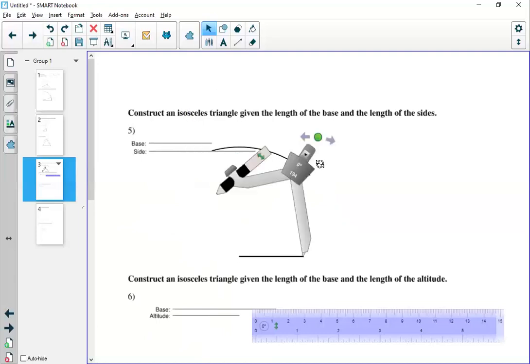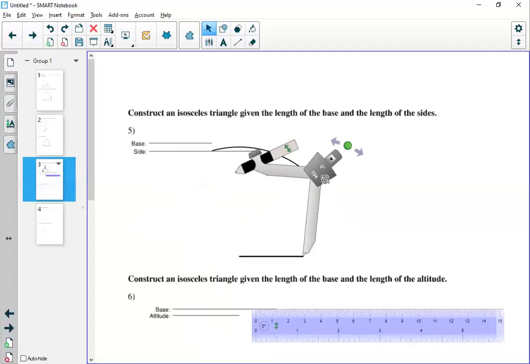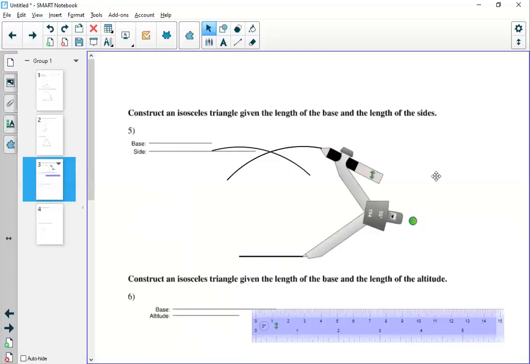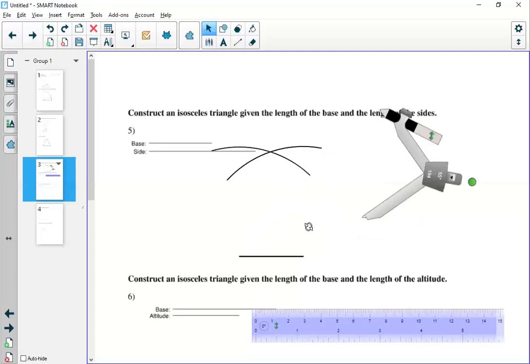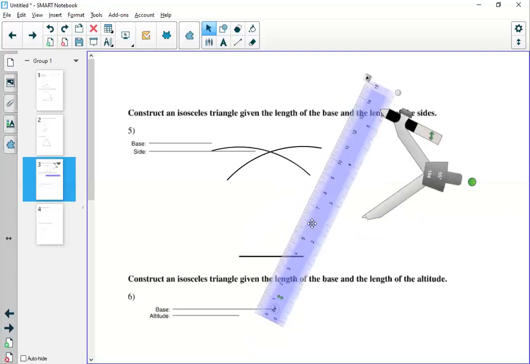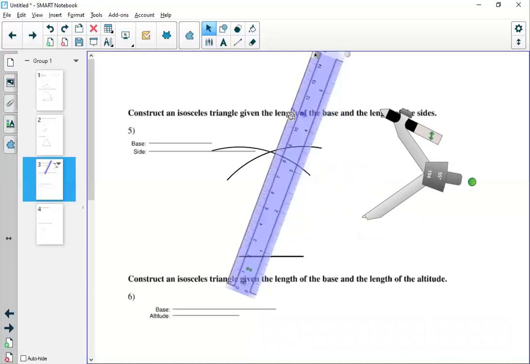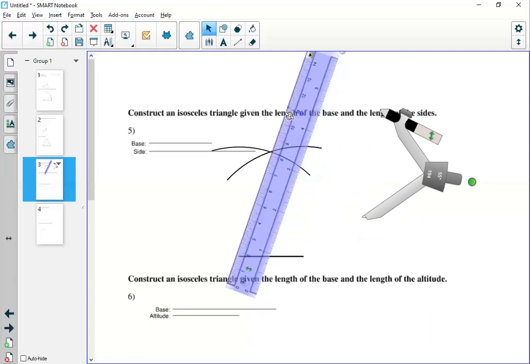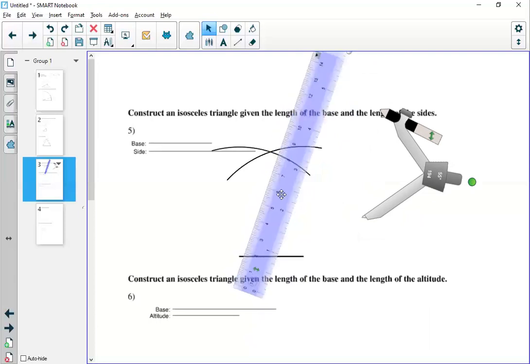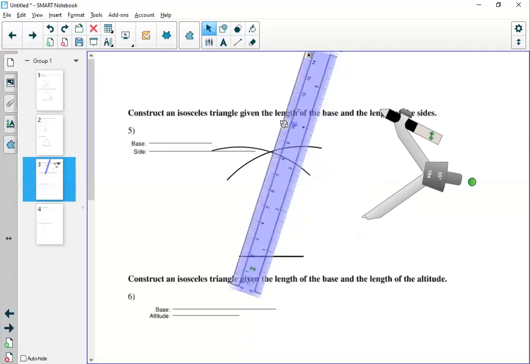Then draw another arc to intersect the initial one. Okay, perfect. And finally, with your ruler, you complete the construction by connecting the first end of the straight line with the point of intersection of those two arcs.